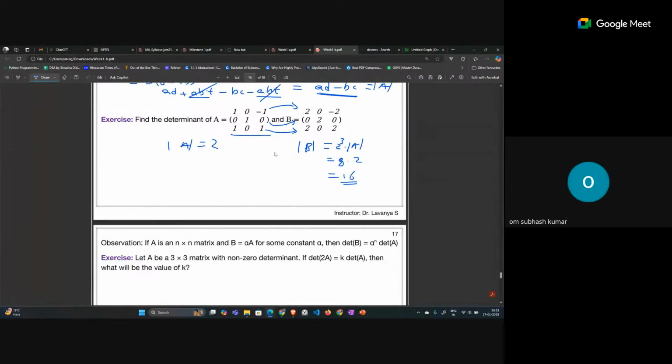Suppose a fourth row is there, then 2 to the power 4. It cannot be there here because then the order would be different, right? If the order is the same, then we can take it. So basically, this is 3 by 3, and you're talking about 4 by 4, right? Yes, sir. The same thing replicates there also. In a determinant, it will always be a square matrix.